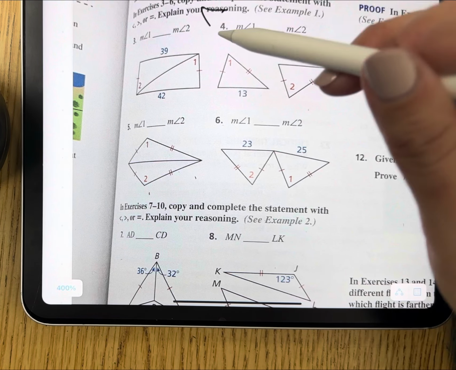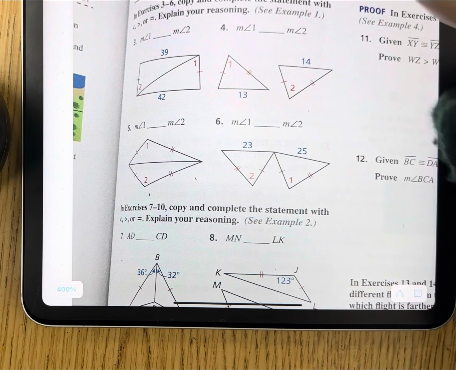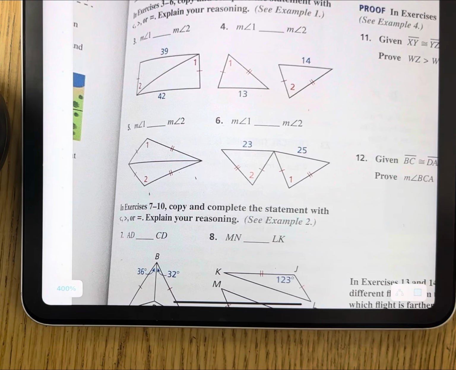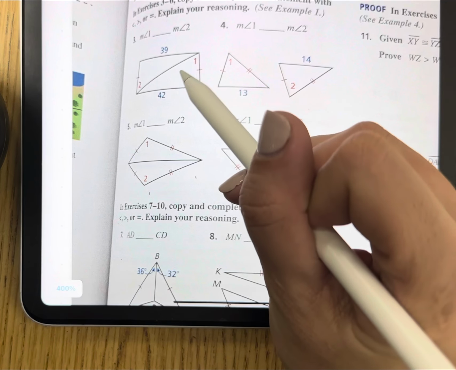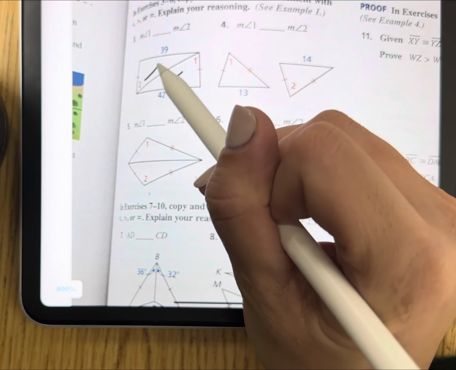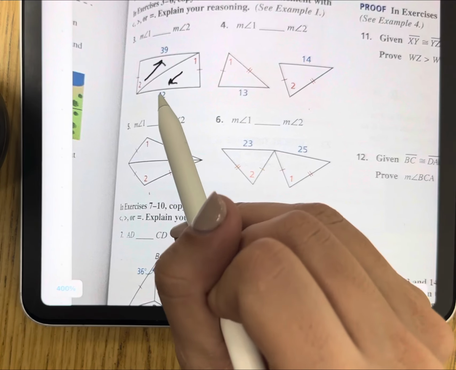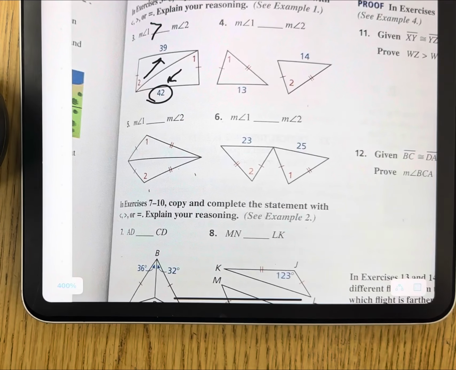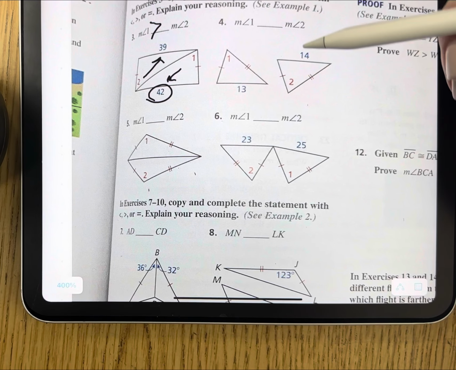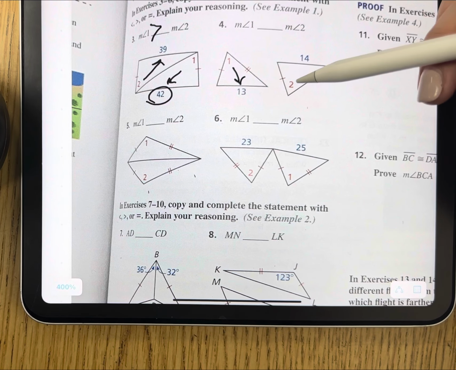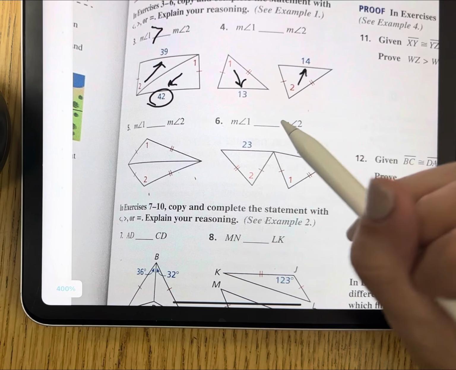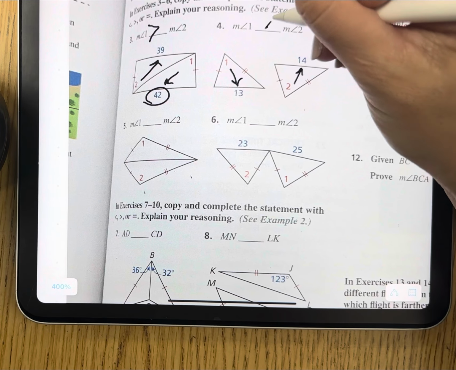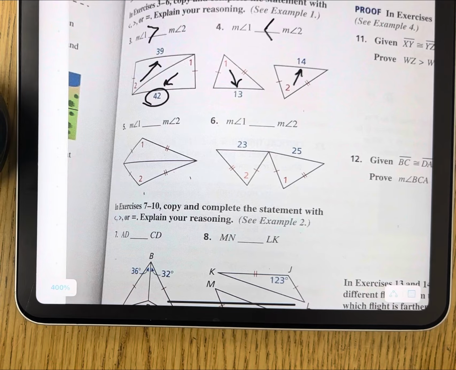So number 3, we just look across angle 1 and across angle 2. Across angle 1 is a bigger number, so greater than. And number 4, we look across angle 1 and across angle 2. Looking across angle 1, we have a smaller number this time, so less than.